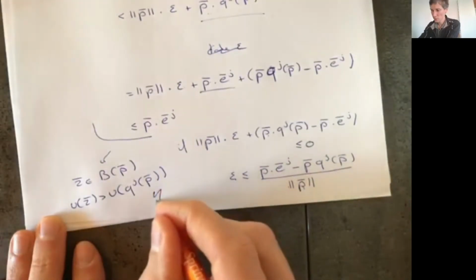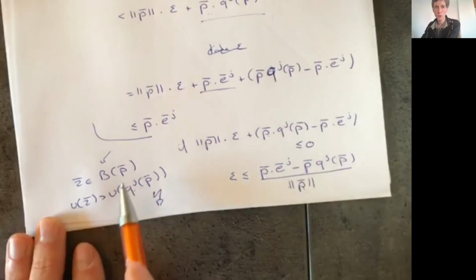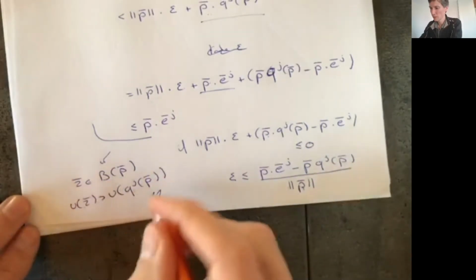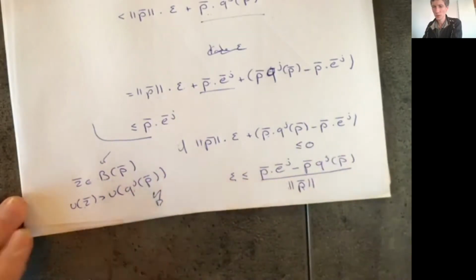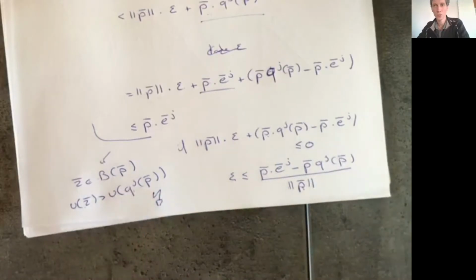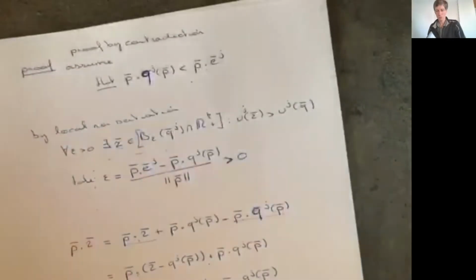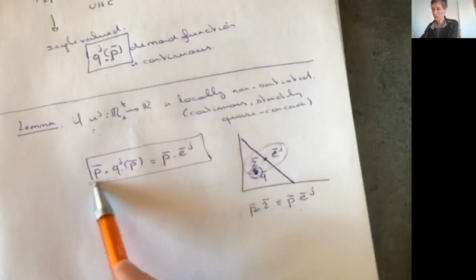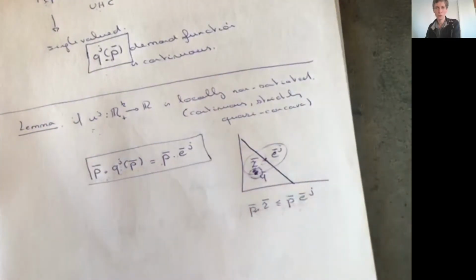And this is a contradiction because this bundle was assumed to be optimal in the budget set, the utility maximizing, and we have found something that's strictly better. All right, so this is a contradiction by the definition of QJ of P. So this shows that indeed, if you have local non-satiation, then at the optimum, the budget constraint has to hold.